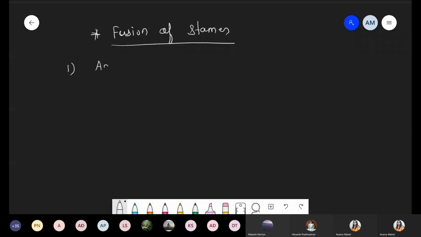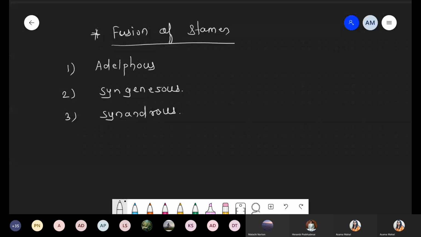Number 1, adelphous. Number 2, syngenesious, or syngenous simply. And the last one, synandrous. So there are 3 types: adelphous, syngenesious, and synandrous.